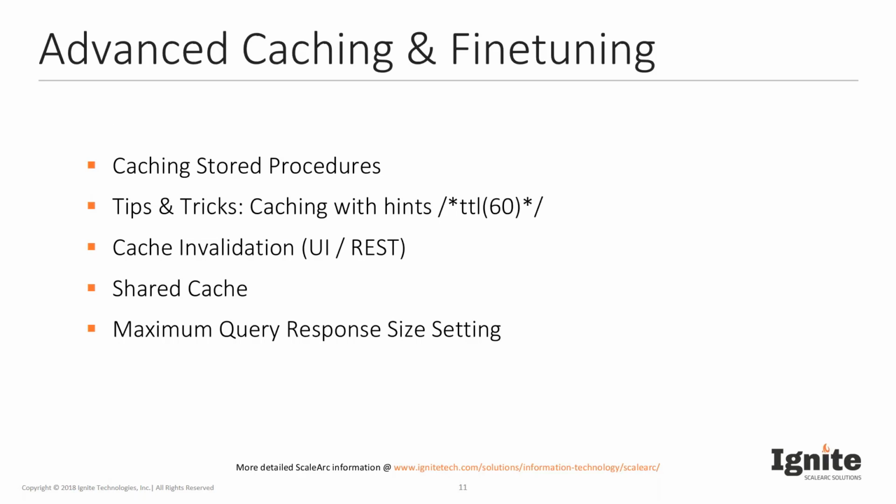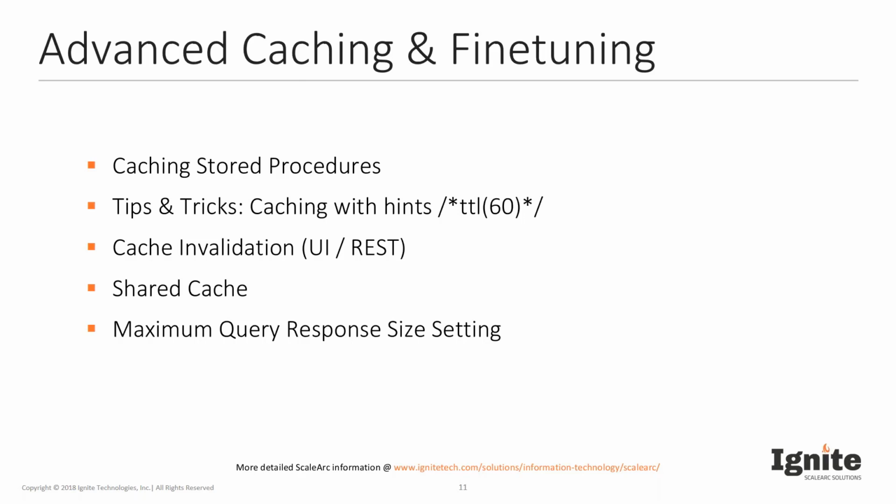So right now I'm going to talk a little bit about the caching of stored procedures, because although it's the very same mechanism, it's slightly different in the way ScaleArc treats stored procedures. Because of their transactional nature, ScaleArc by default will route all the stored procedure traffic to our master database, as it's traffic that requires transactional integrity.